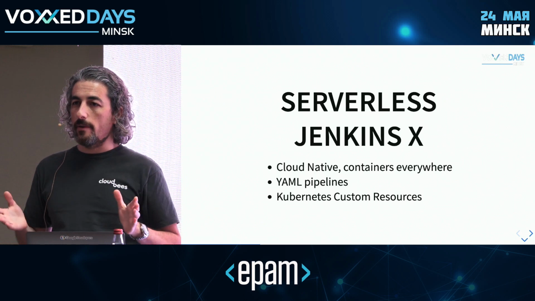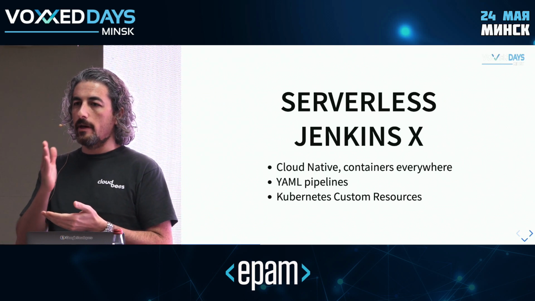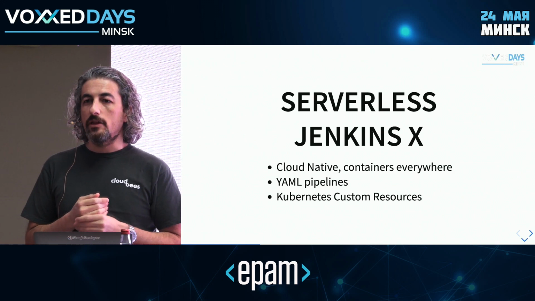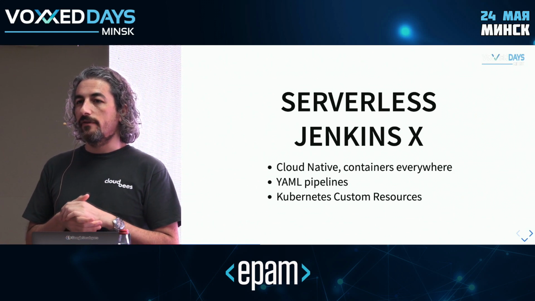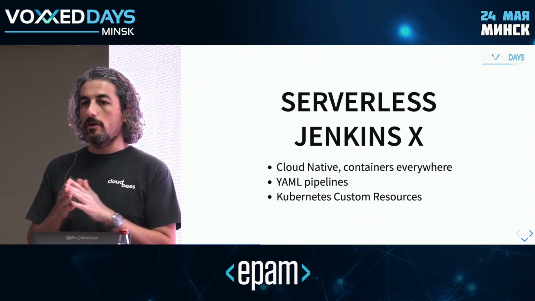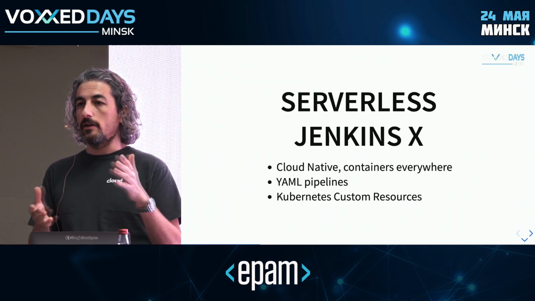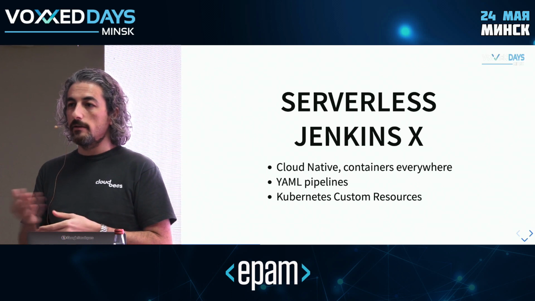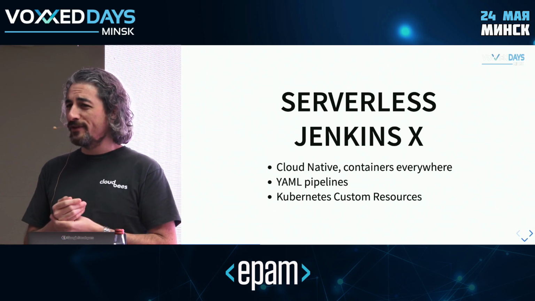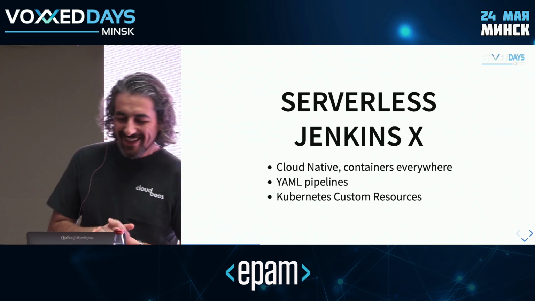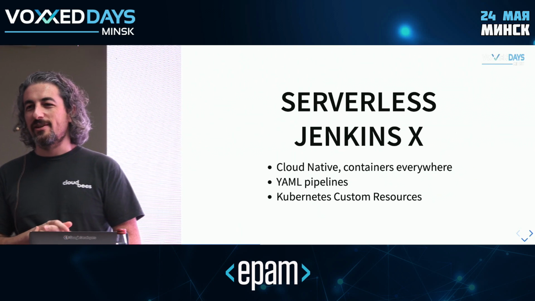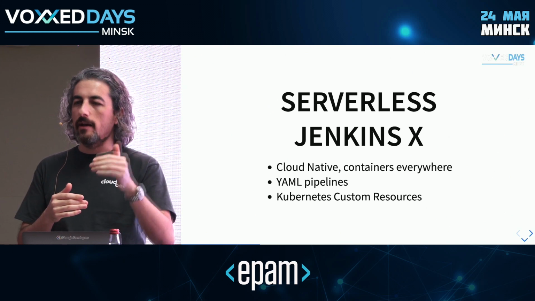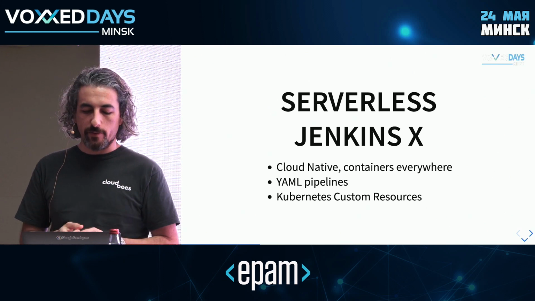It uses containers for everything, so all the steps of your build happen in containers. It uses YAML for defining your pipelines. So instead of using a Jenkinsfile in your Git repository, you use a YAML file, because who doesn't love YAML, right? And it uses Kubernetes custom resources to store all this data. So you can query, again, the API and get all this information from your cluster.